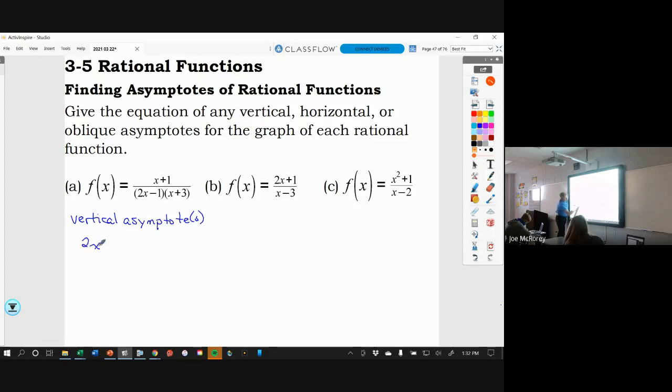So we have 2x minus 1 equals 0, and we have x plus 3 equals 0. And those are 2 very simple linear equations that we can solve. The first one, we'll add 1 to both sides and divide by 2. So we have a vertical asymptote at x equals 1/2. For the other one, subtract 3 from both sides. We have x equals -3. So this function has 2 vertical asymptotes. One's at 1/2 and the other one's at -3.